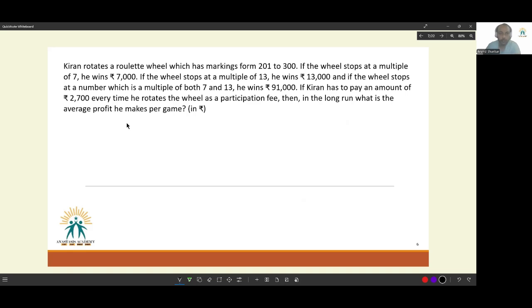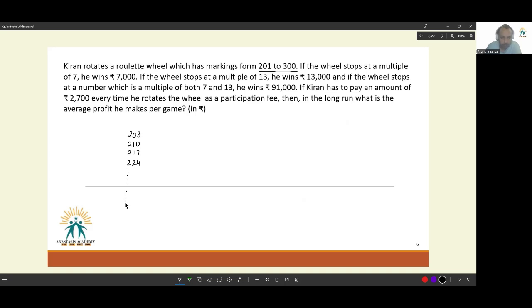Okay. Multiples of 7 in this range. I know 210 is a multiple. So first multiple of 7 will be 203, 210, 217, 224.